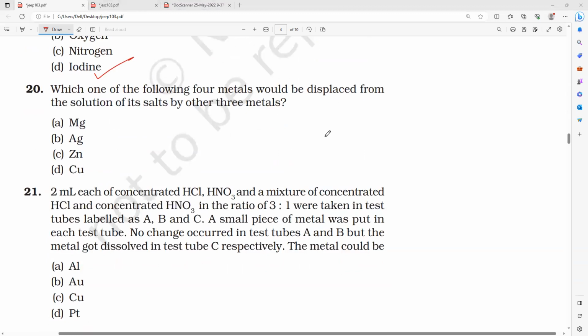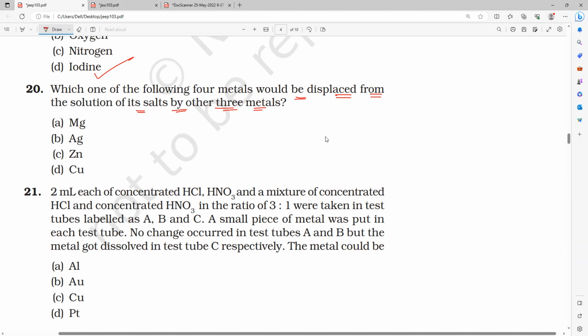Next, which of the following four metals would be displaced from the solution of its salts by the other three metals?